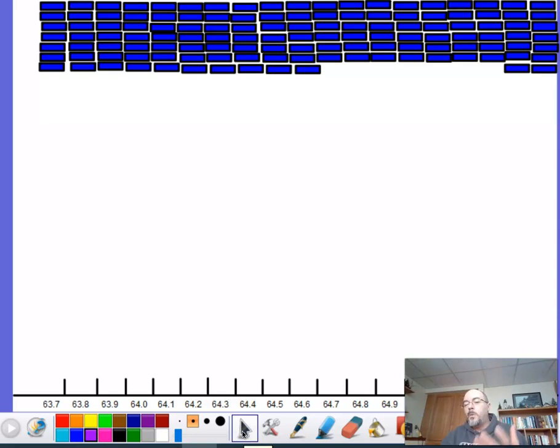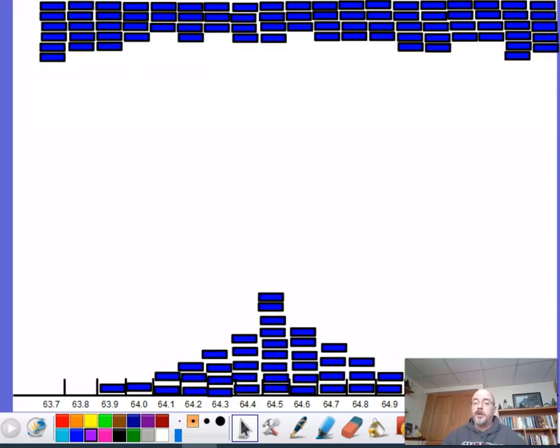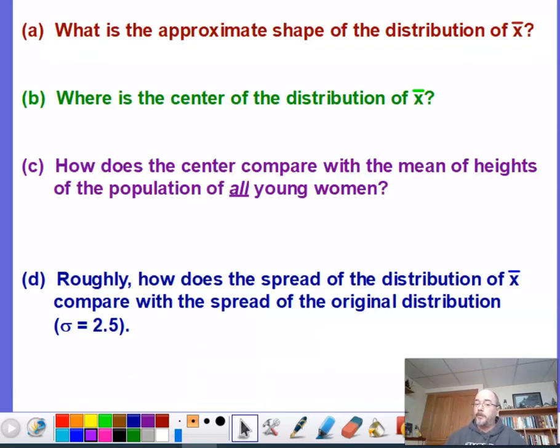You would give me your results, what mean you came up with, and I would take these little rectangles and put them in where your mean is. It would take a little bit of time, but it's pretty cool at the results. If things work out like they usually do, the results are going to look like that. Isn't that cool? Wow, it turns out looking like a normal curve.